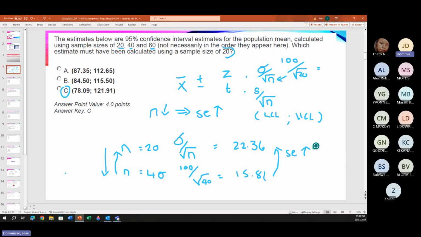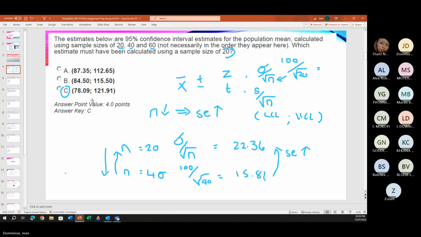So we actually don't know what the mean was. We don't know if it is a population standard deviation that we work with. The only information that they give us is the sample size. They ask which one is estimated to be the link between the sample size of 20 and the confidence interval.